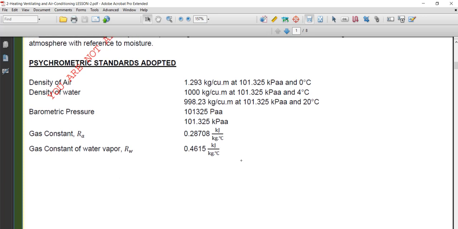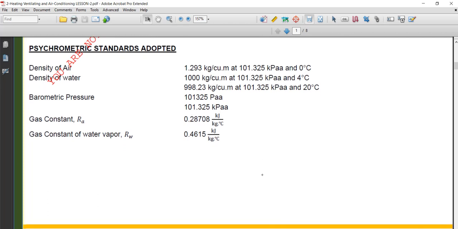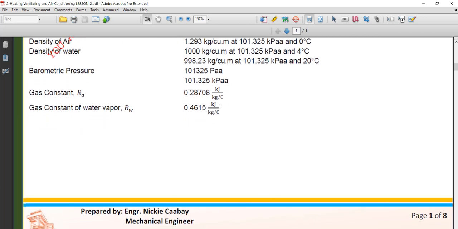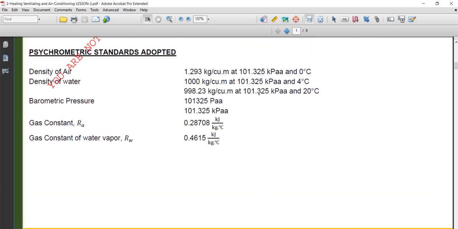Also atmospheric pressure is 101.325 kPa, at a temperature of 4 degrees. We also have barometric pressure and gas constants, which you have mostly encountered already in our subject, thermodynamics.